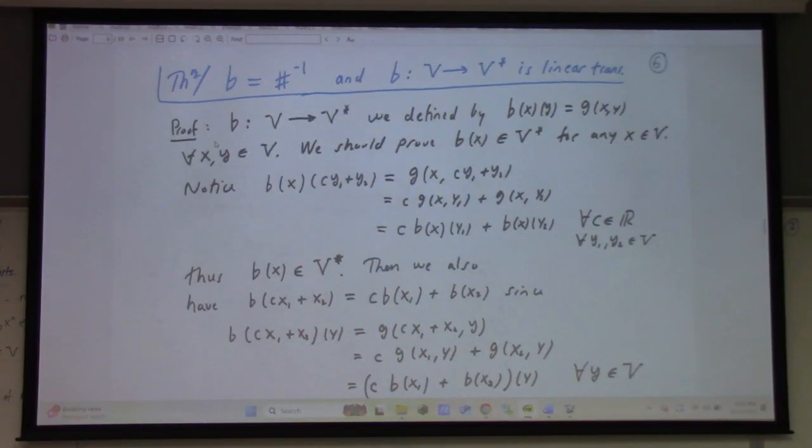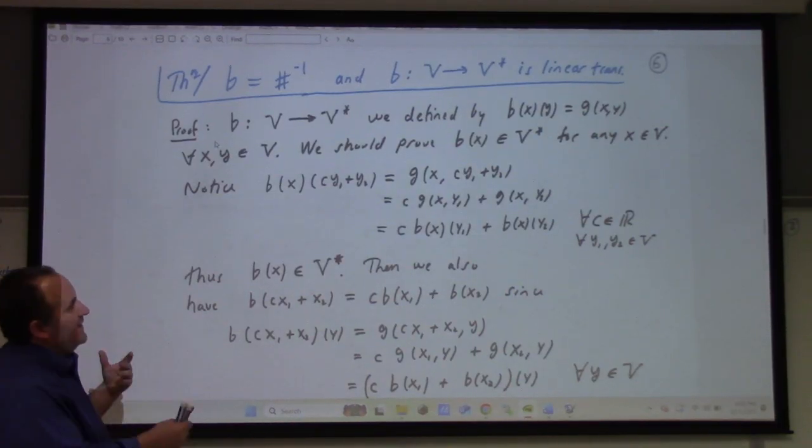Now, what's more interesting, and perhaps more germane to this course, is the fact that these are isomorphisms. My claim is that flat is in fact a linear transformation from V to V dual that is invertible, and not just that, the sharp is the inverse map. So here's the proof that it's a linear transformation. There's a couple different things to deal with.